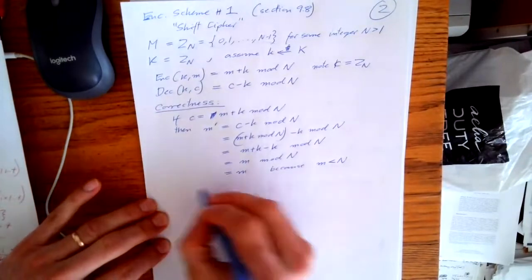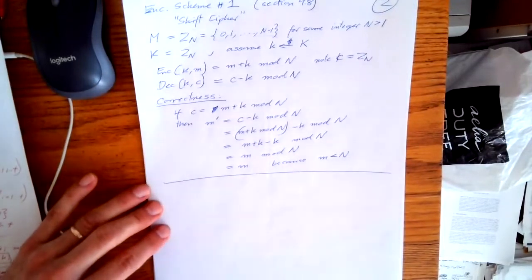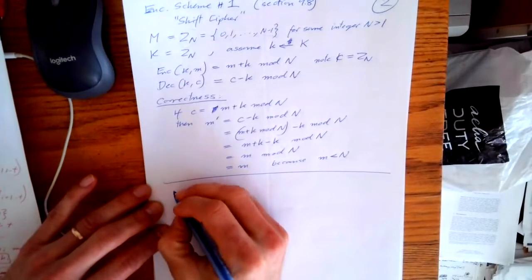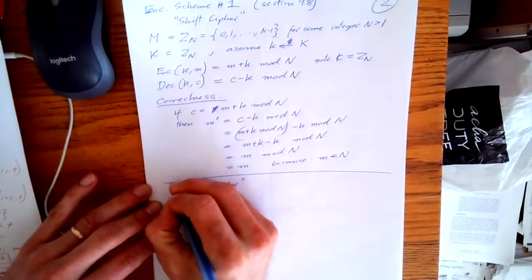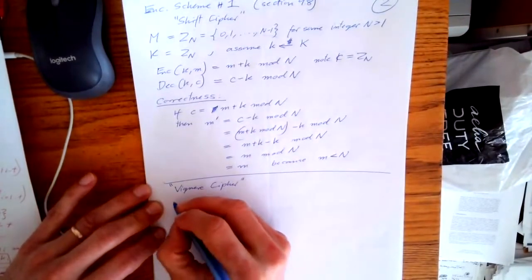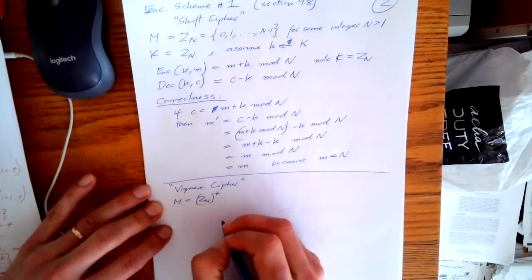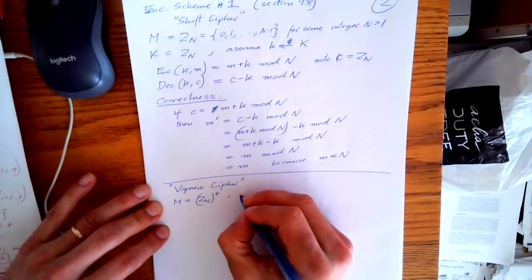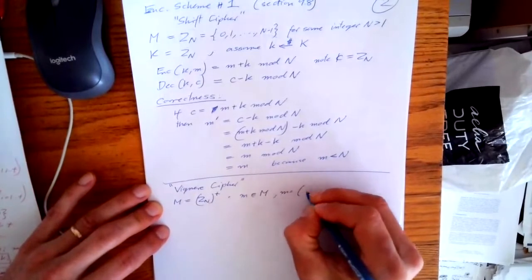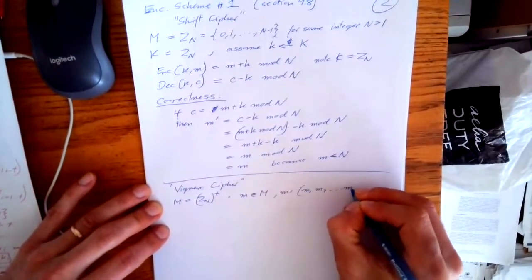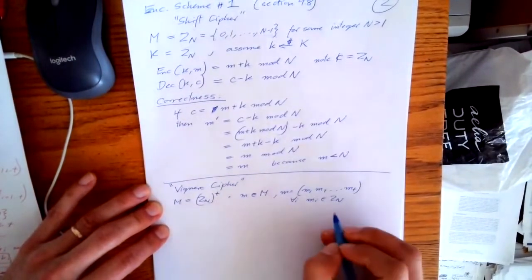Well, you can generalize this, and one way to do so is what's actually called the Vernam cipher, where the only change that we make is that the message is now a sequence of t elements in this space, such that for all i, mi is some residue mod n.